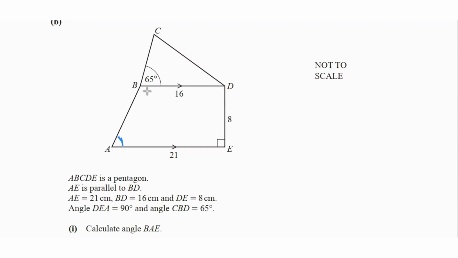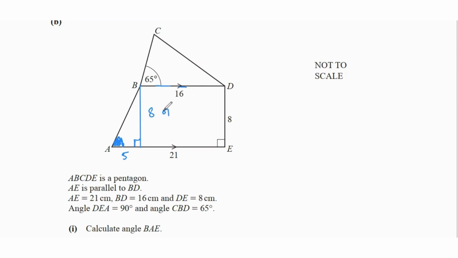So if we connect point B towards this line, this is a right angle triangle. And this is 16, this is 21, that means this is going to be 21 minus 16, which is 5. And this is 8. So to find this angle, we can use SOHCAHTOA.